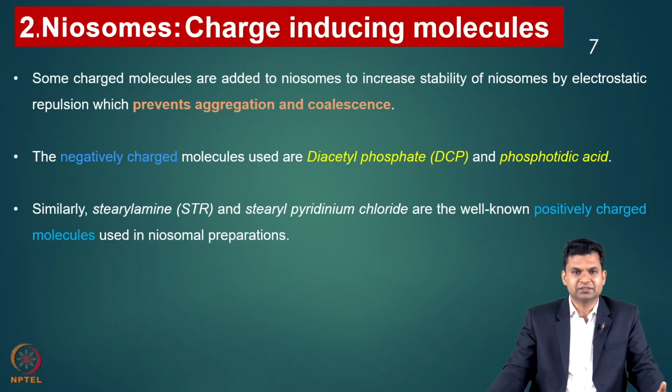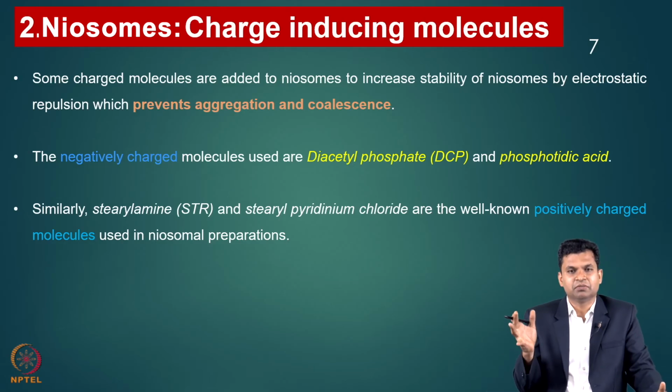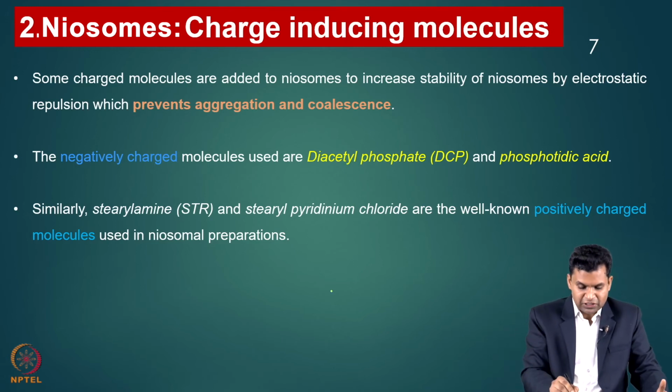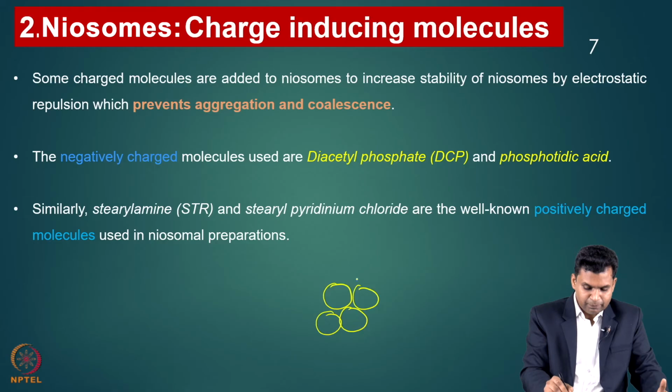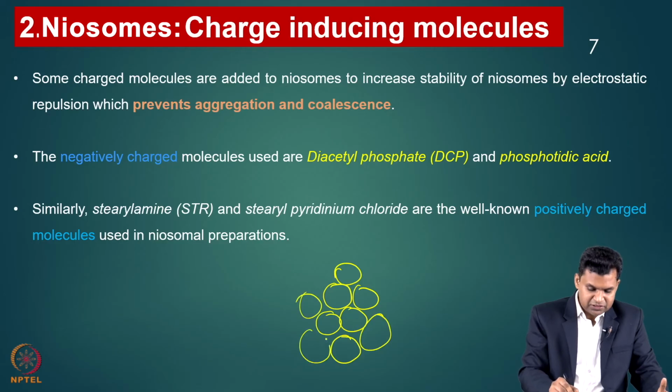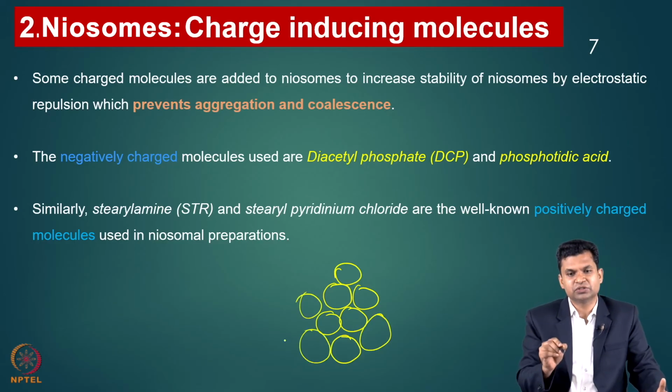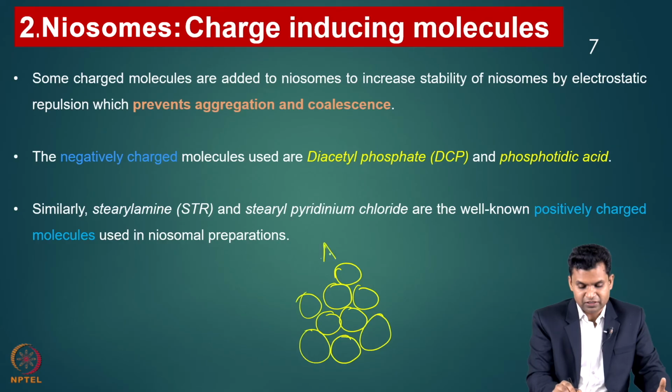Now, as we have seen in the definition, these are uncharged carriers. If any system does not contain any charge, what happens? That leads to aggregation, because these are non-ionic and do not contain any charge on their surface. That leads to aggregation during storage.